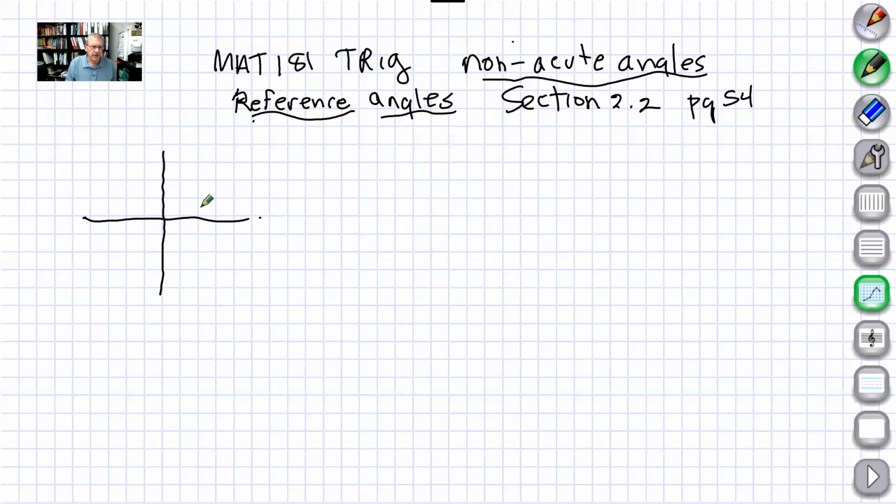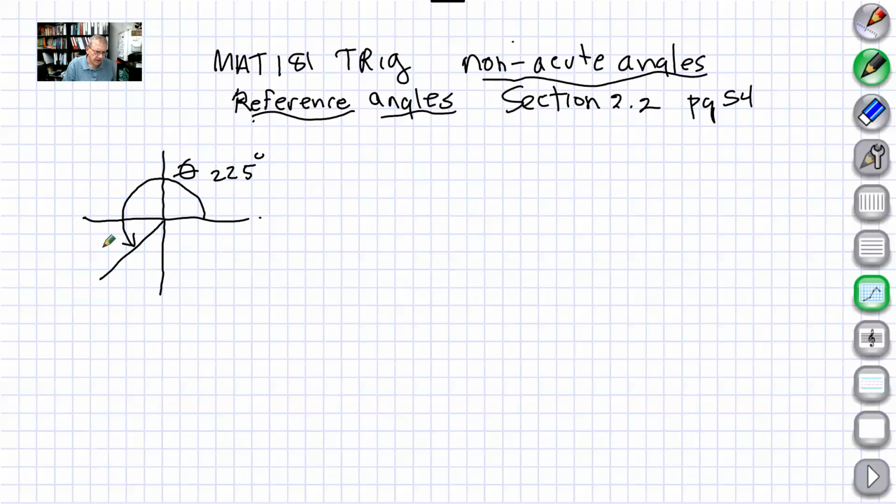Suppose we had an angle that was 225 degrees, going this way. We'll call that theta. We want a reference angle, an angle that's smaller than 225 so that we don't have to work with huge angles.